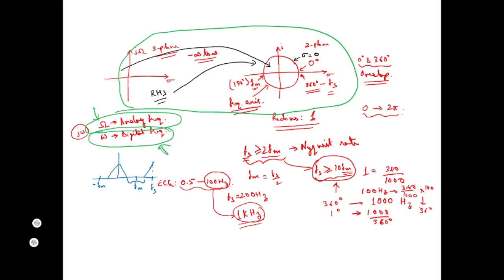Just to recap, we discussed that ECG has frequency components in the range of 0.5 to 100 Hz. So our sampling frequency should be a minimum of 100 Hz, but practically, if you use low cost digitizing systems, you need at least 10 times the maximum frequency.